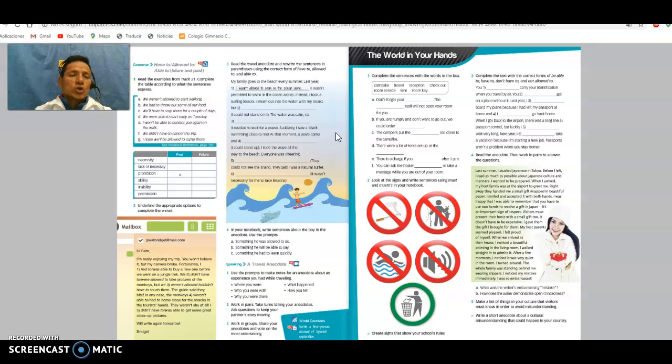For example, you're going to visit Amazonas. So you need to write about Amazonas: how is Amazonas, the people, the food, the weather, what you must do, what you have to prepare. That's the project.